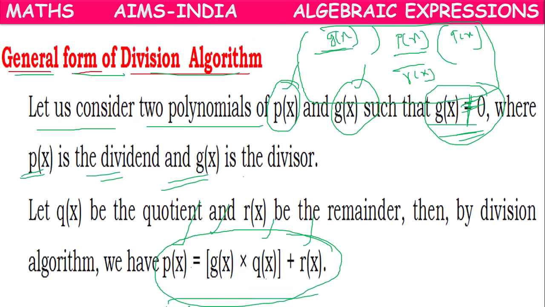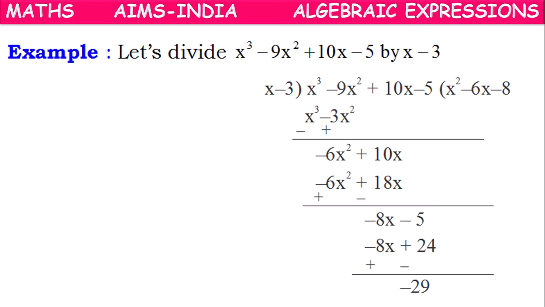And the degree of remainder r of x always has to be less than the degree of the divisor. So this is the general form of division algorithm.